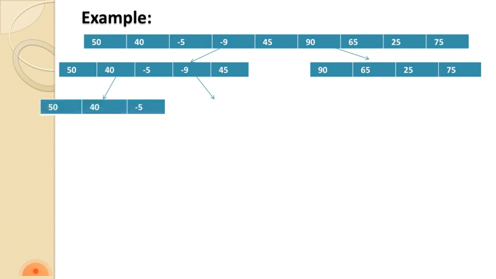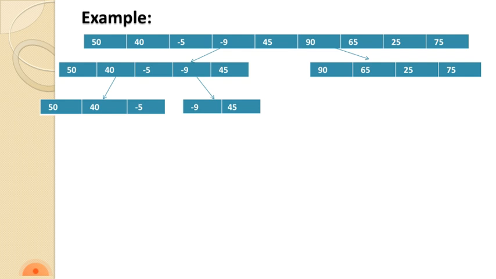We can get 50, 40 and minus 5, and in the right part we get minus 9 and 45. The same way we can divide the right list into two parts, and we can divide equally because it has an even number of elements, so two elements in the left part and two elements in the right part.